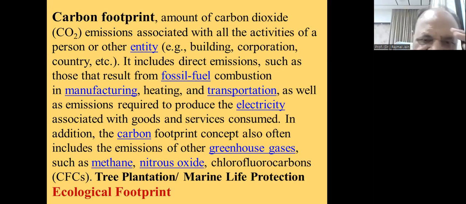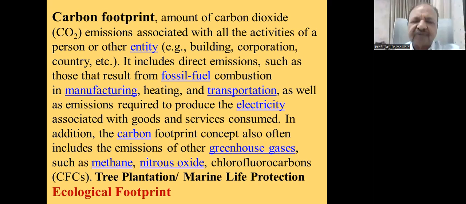Earlier, when chlorofluorocarbons were there, and carbon dioxide and other gases were there, two important aspects were proposed to manage this carbon dioxide. One is afforestation, that is, plant more and more trees and make the whole earth greener. That was the idea.